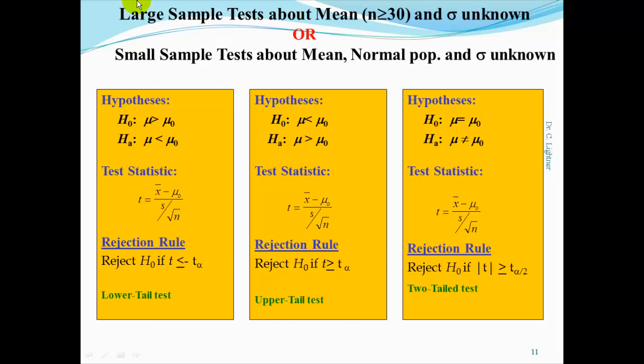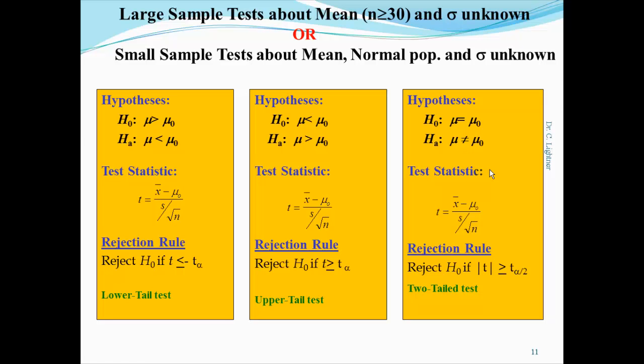For our problem, we have a large sample case since n is equal to 30 and sigma is unknown. Therefore, the test statistic and rejection rule that we need is given on this slide. Since our null hypothesis is the mean is equal to 16, this third box gives the null hypothesis, which is similar to ours.